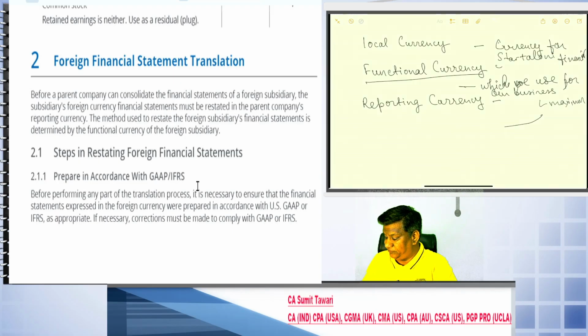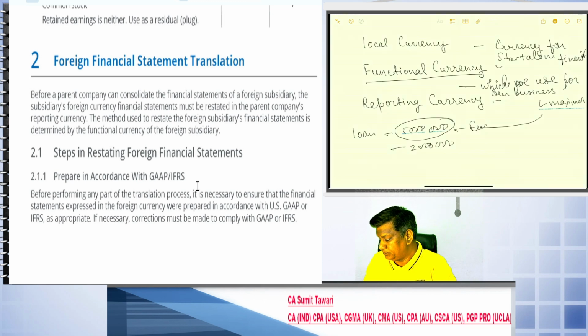Maximum means, say, if we took a loan of 5 million, and my total turnover is approximately 2 million. So if I took a loan in euro and the turnover of the subsidiary is in INR, as we use the 5 million euro more, so euro is my functional currency.